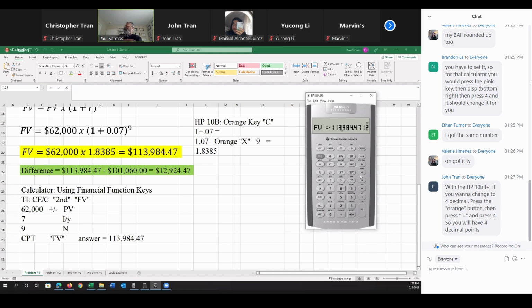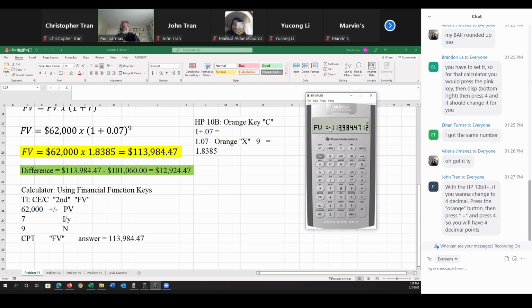It's the exact same answer, except it puts a minus in front of it. That's the nature of the calculator. It has input and output, and the way input and output are distinguished is by the sign, plus and minus. So if your input is positive, your output, which is future value, will be negative. If you change the sign on your input, you make it negative, then your output will be positive.